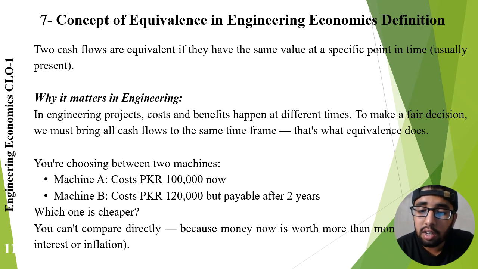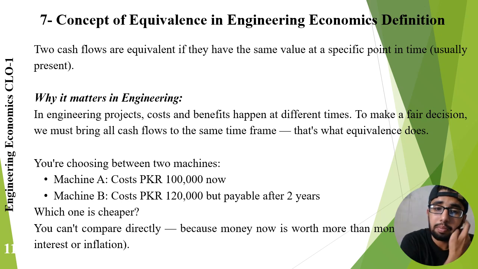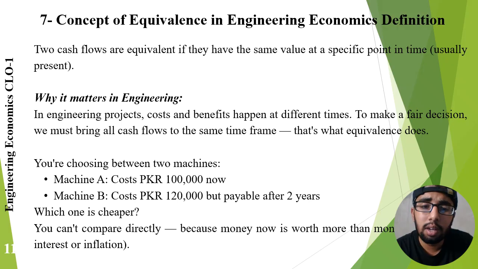Before making a decision, all cash flows must be converted to a common basis. This ensures that decisions are based on objective financial analysis rather than appearances. It matters because, as discussed in the previous slide, engineering project costs and benefits happen at different times. To make a fair decision, we must bring all cash flows to the same time.